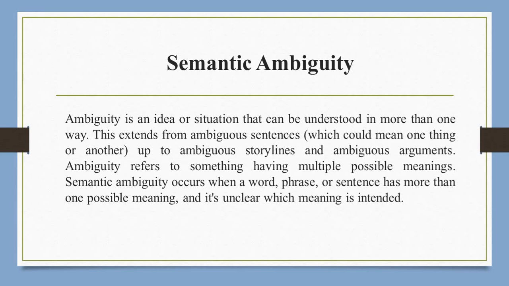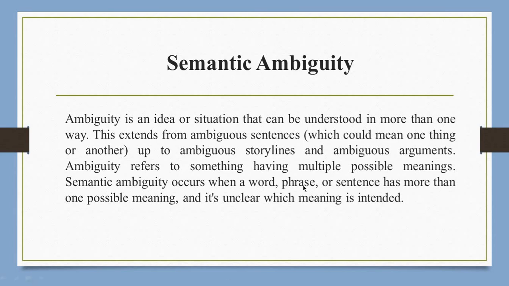Semantic ambiguity. It is an idea or situation that can be understood in more than one way. This extends from ambiguous sentences, which could mean one thing or another, up to ambiguous storylines and arguments. Ambiguity refers to something having multiple possible meanings, meaning more than one meaning.